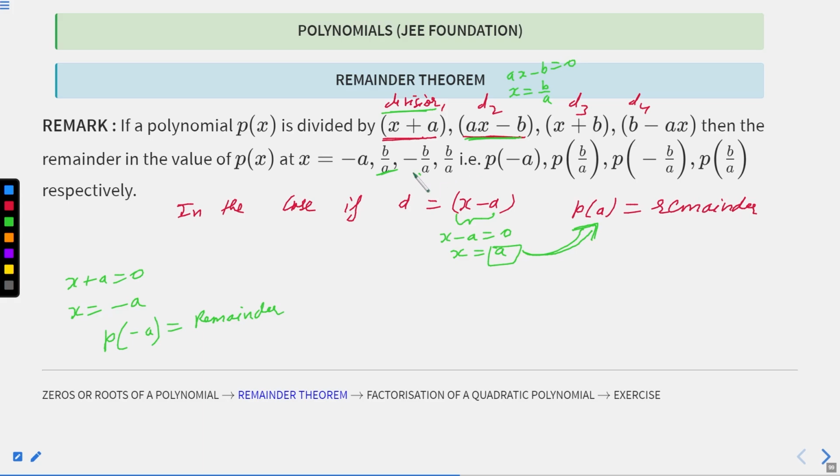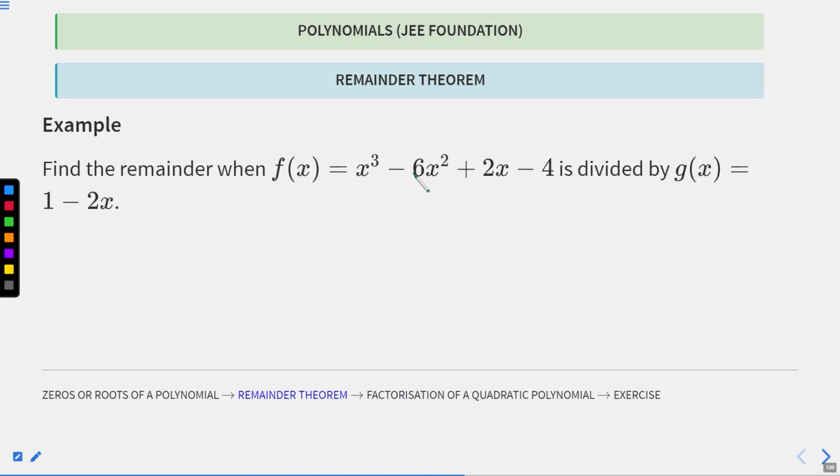So let's move next. Let's see by an example that we have to find the remainder, and my polynomial is given like this, and the divisor is like this. In order to find the remainder, just put the divisor, which is g of x, which is 1 minus 2x, equal to 0.